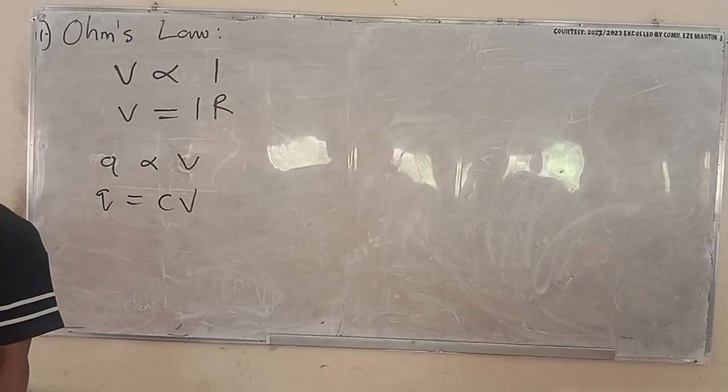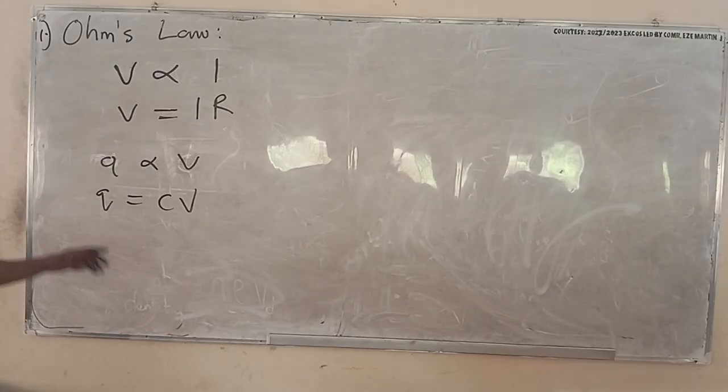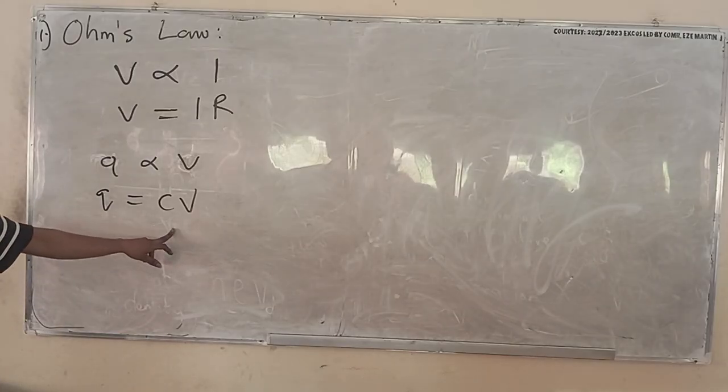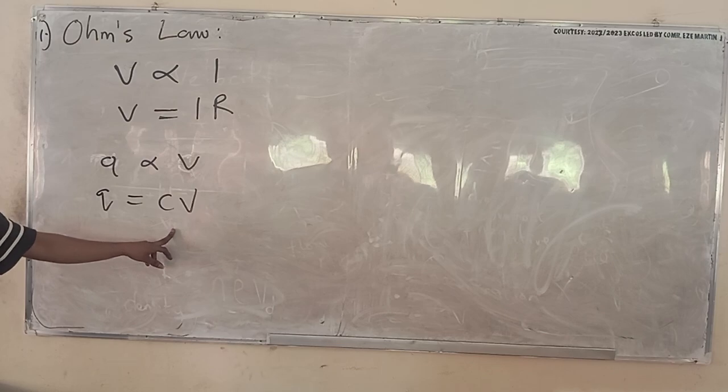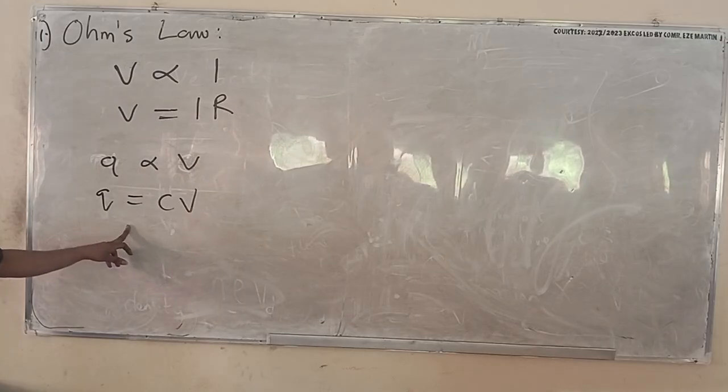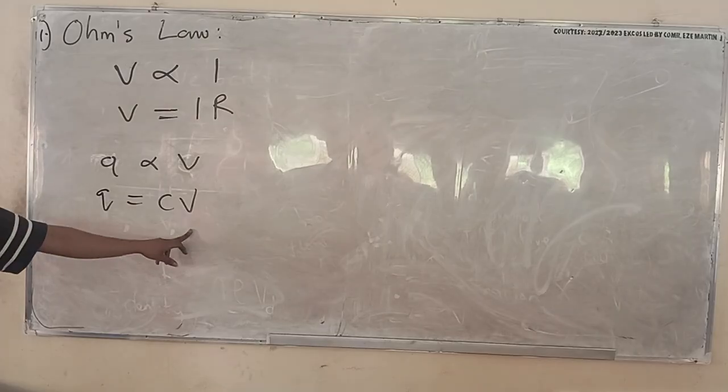Let me repeat it. They will come and tell you the capacitance between conducting plates is dependent on. They write A, charge. B, voltage. C, area. D, dielectric.